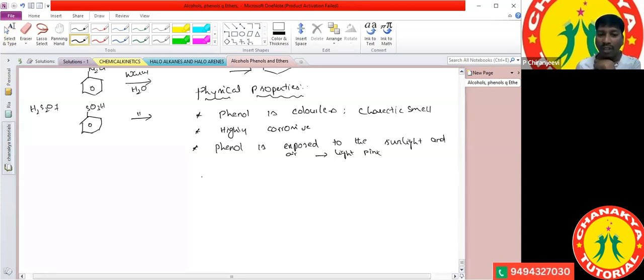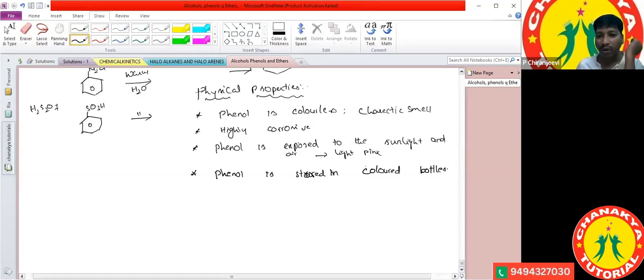So that's why phenol is always stored in colored bottles.